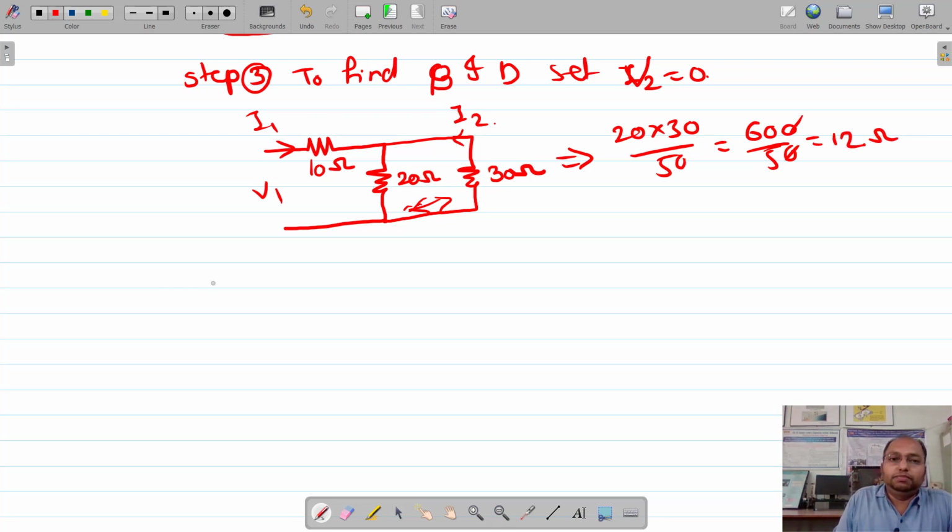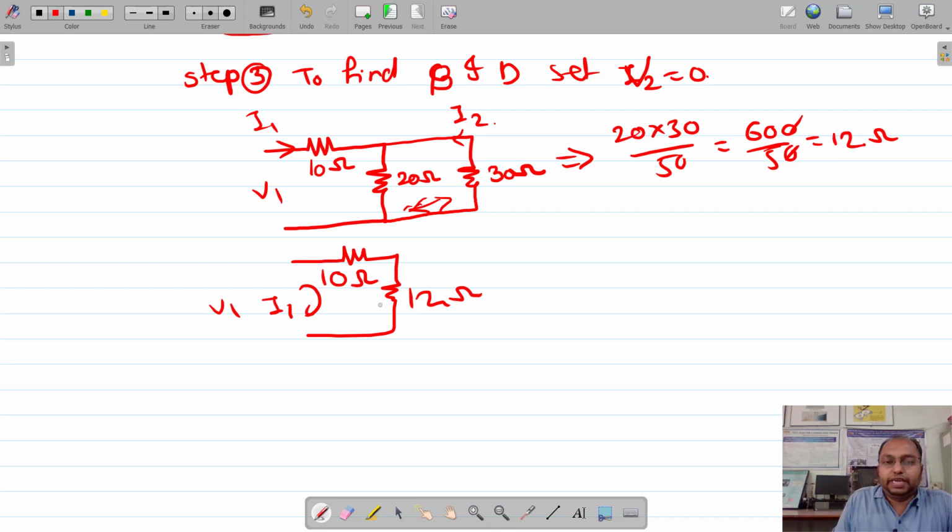So 12 ohm, 12 ohm and this is 10 ohm. V1, I1. Applying KVL, V1 is equals to 22 I1, right?